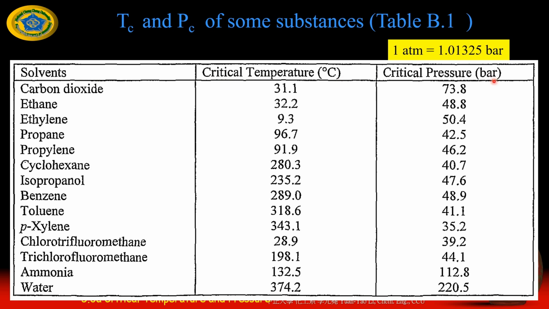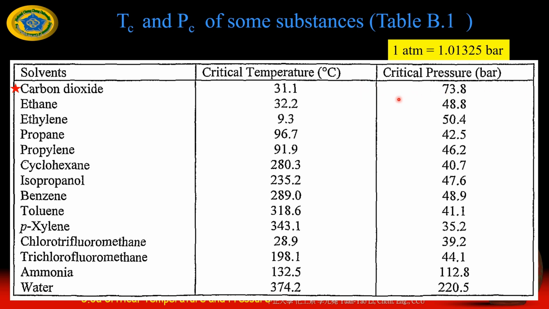I actually want to show you some examples. For carbon dioxide, the critical temperature is 31.1 Celsius, which is very low, and the critical pressure is 73.8 bar, which is high pressure. I don't want you to remember these numbers, but you need to know roughly the range.